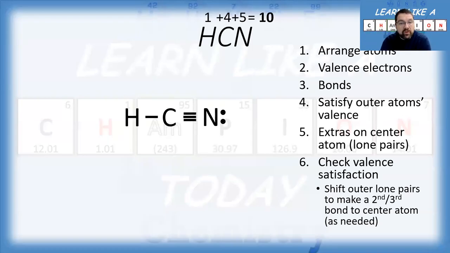This is what we call a triple bond. And a triple bond is made up of 1 sigma and 2 pi bonds. Any connection between atoms will always have a sigma bond. If there are additional bonds beyond that first one, they're all going to be pi bonds.